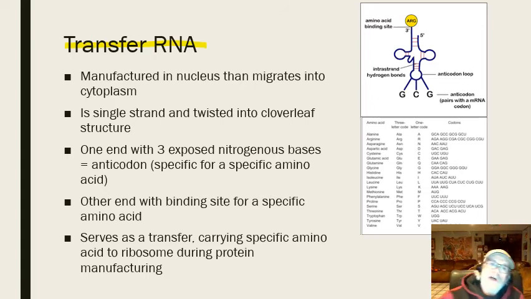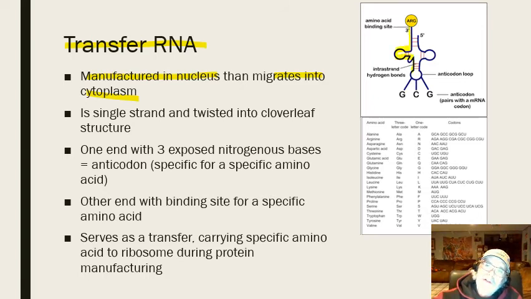This transfer RNA, which is manufactured in the nucleus and then migrates into the cytoplasm, is basically a single strand. My messenger RNA is basically a strand, my ribosomal RNA is more nodular, and my transfer RNA looks like a 4-leaf clover.